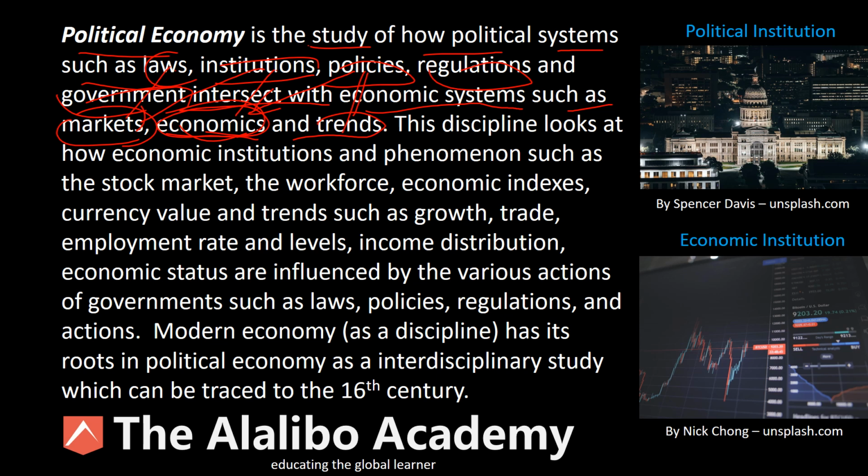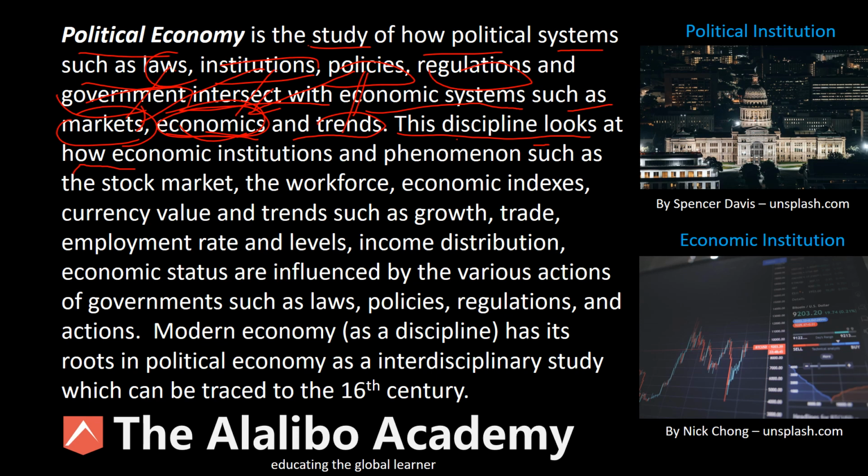This is a very important phenomenon in any society because politics and economy go hand in hand. Government and economy go hand in hand. What one does impacts the other. Mostly what happens in the political system impacts the economic system.